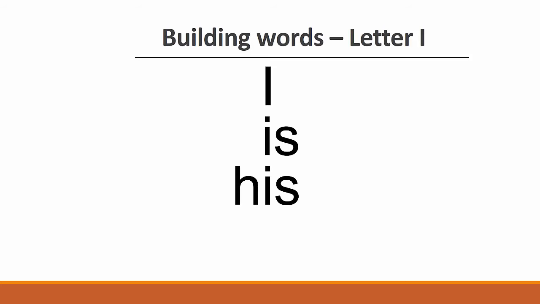That's his ball. And put a T in front of his and it becomes this. Each letter has its own unique sound, and when you build on them, they may sound a little bit different. It starts with I, but then it turns into is, and then his, and then this. It's not as much of a Z sound at the end.